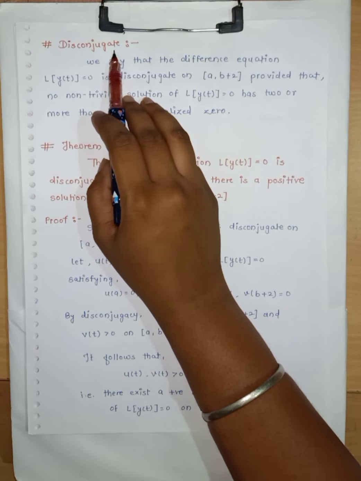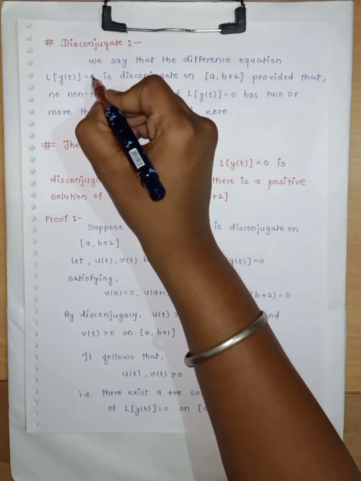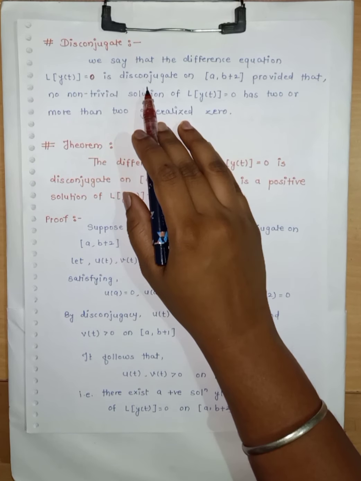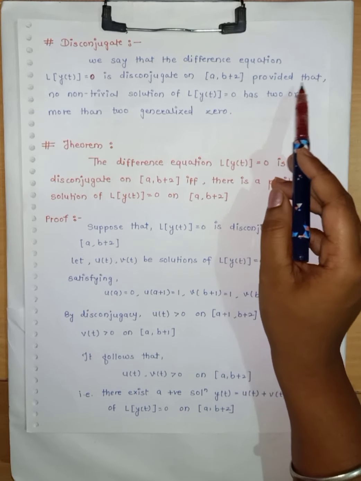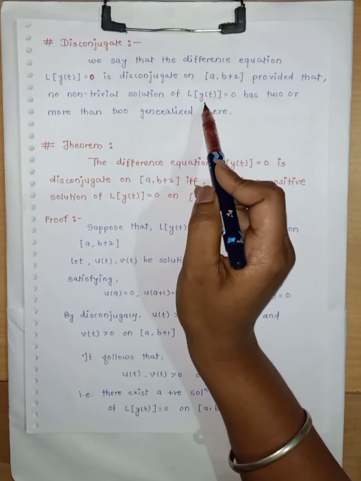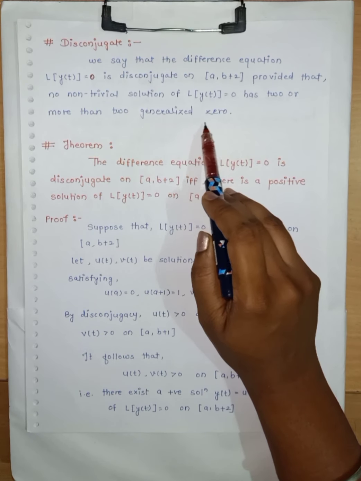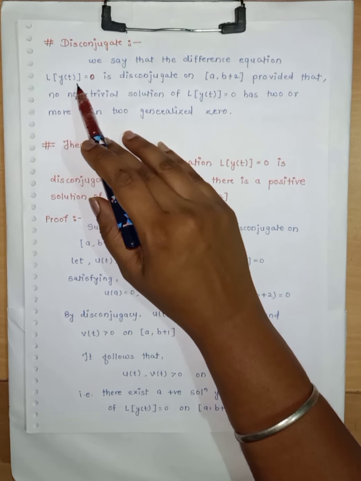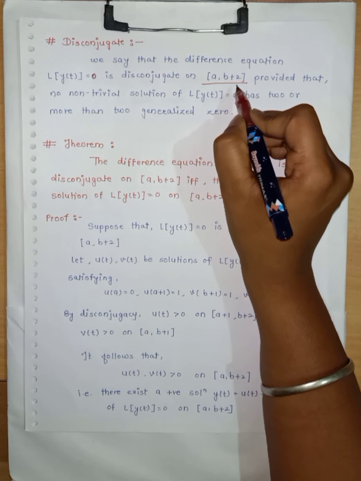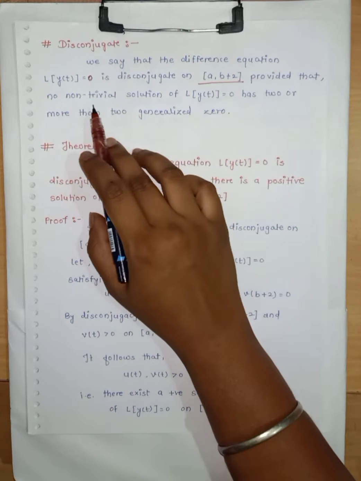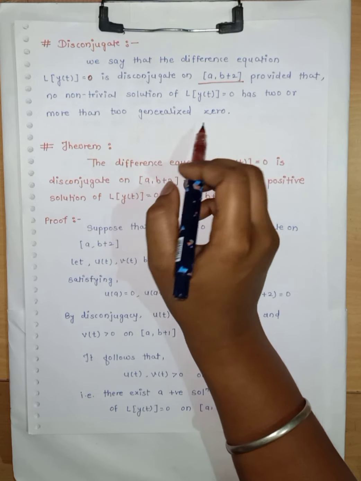So the definition of disconjugate, we say that the difference equation L of y of t equals to 0 is disconjugate on the closed interval [a, b+2], provided that no non-trivial solution of L of y of t equals to 0 has 2 or more than 2 generalized zeros.